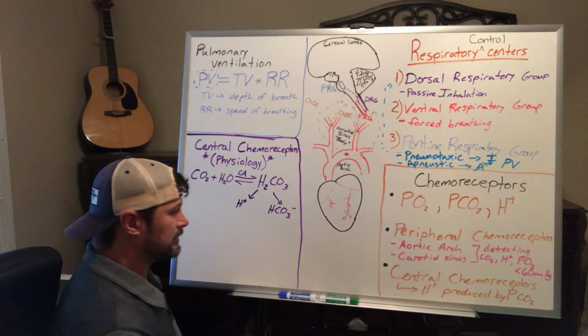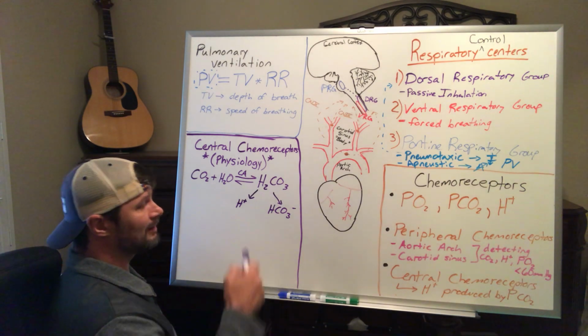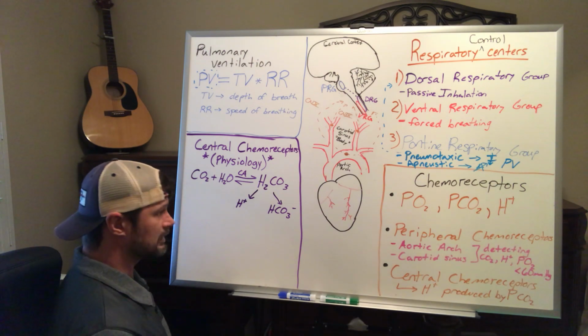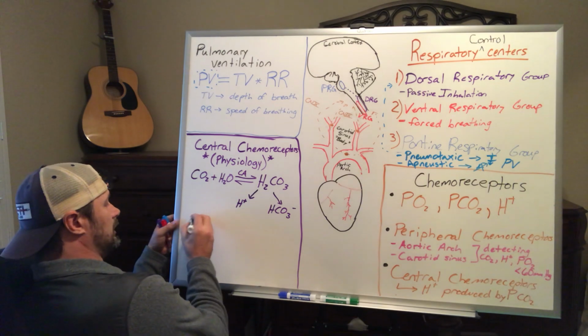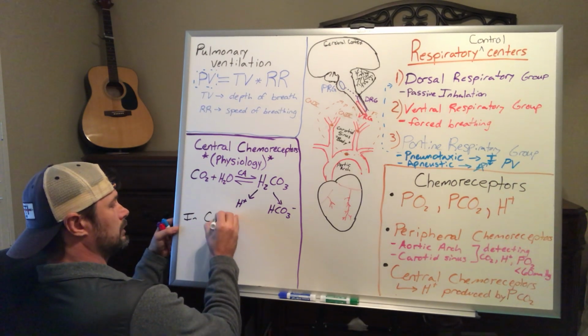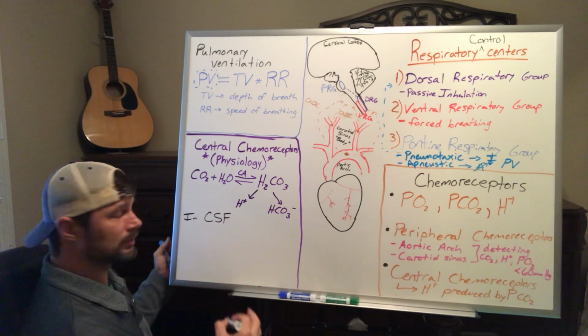So where does this come into play with central chemoreceptors? Well, up here in the DRG, and actually everywhere in the brain, I shouldn't just specify the DRG, but in the cerebral spinal fluid. CSF is cerebral spinal fluid.